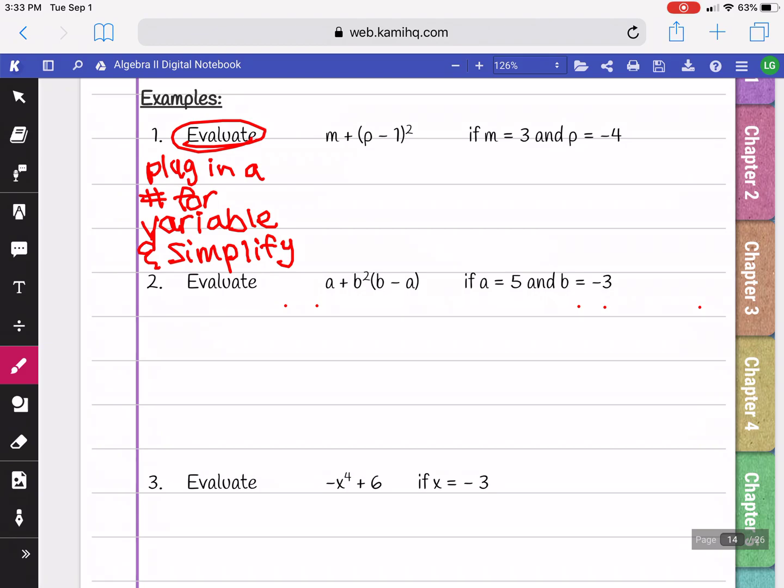So for this particular problem, we're going to plug in 3 everywhere we see an m and negative 4 anywhere we see a p. So you can rewrite the problem using those numbers.